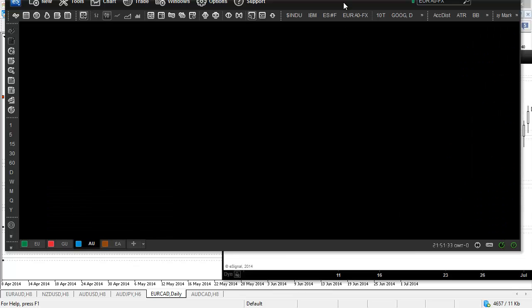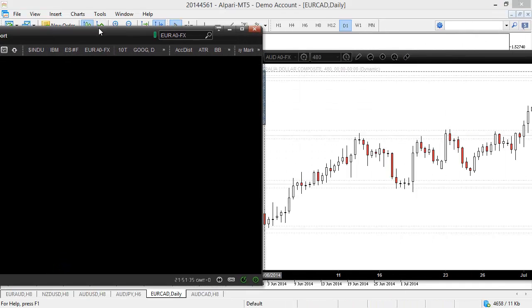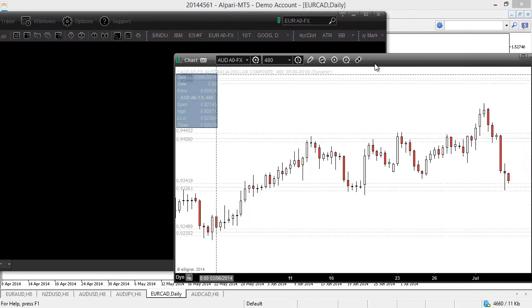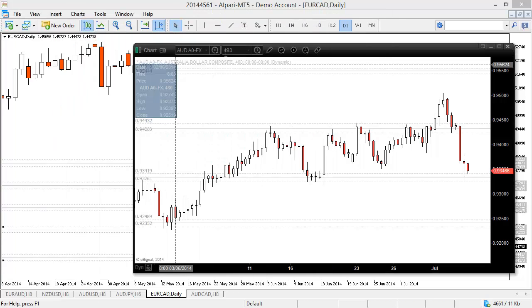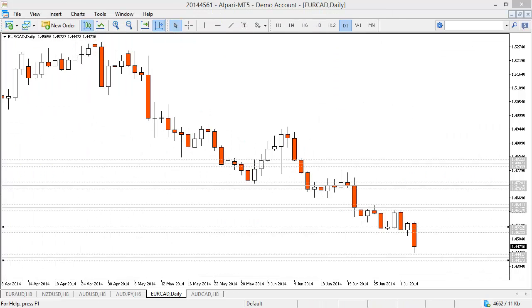Okay, no charts are there. So yeah, I don't really use MT5 anymore. The point I was trying to make was the cool thing about eSignal.